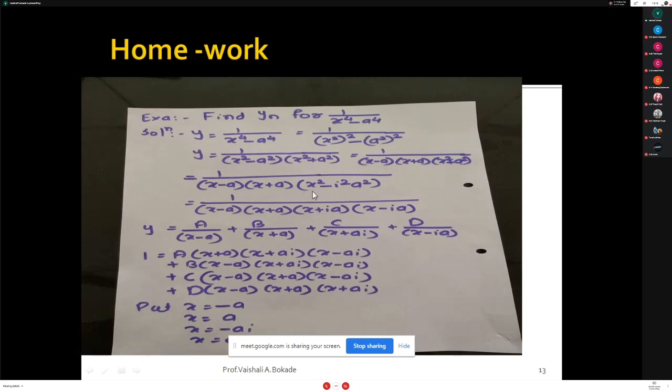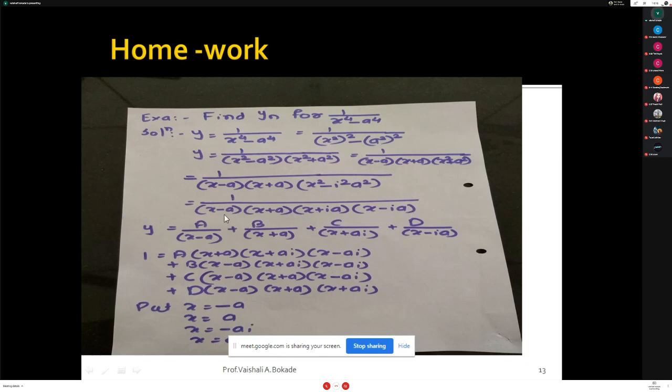So the bracket x square plus a square is in the form x square minus i square a square, so that I can apply the a square minus b square formula. I consider x as a and b as i into a. So I write x square minus i square a square as x plus ia into x minus ia.